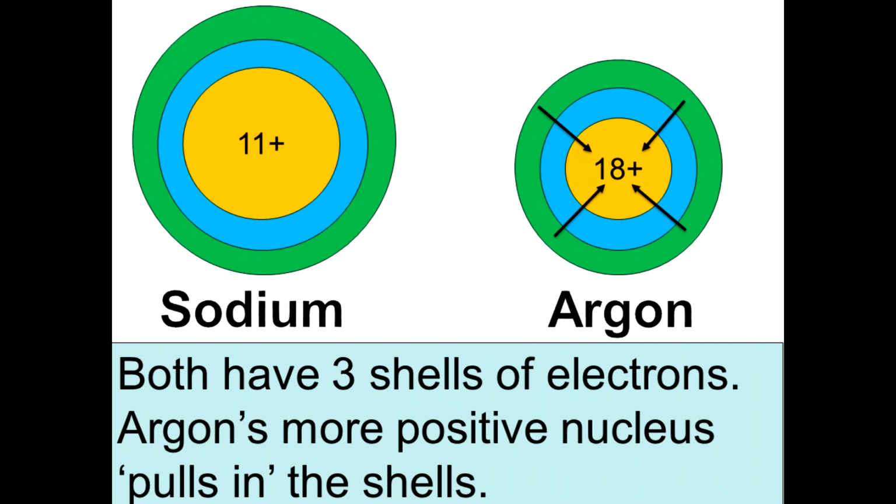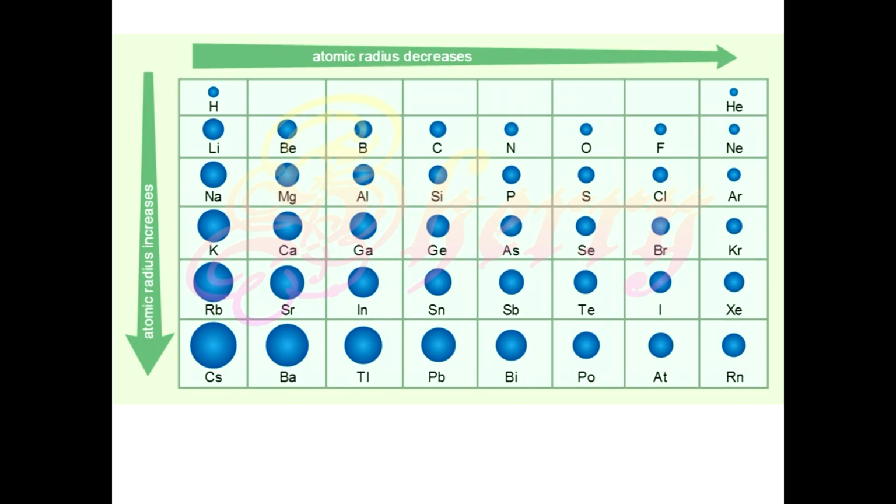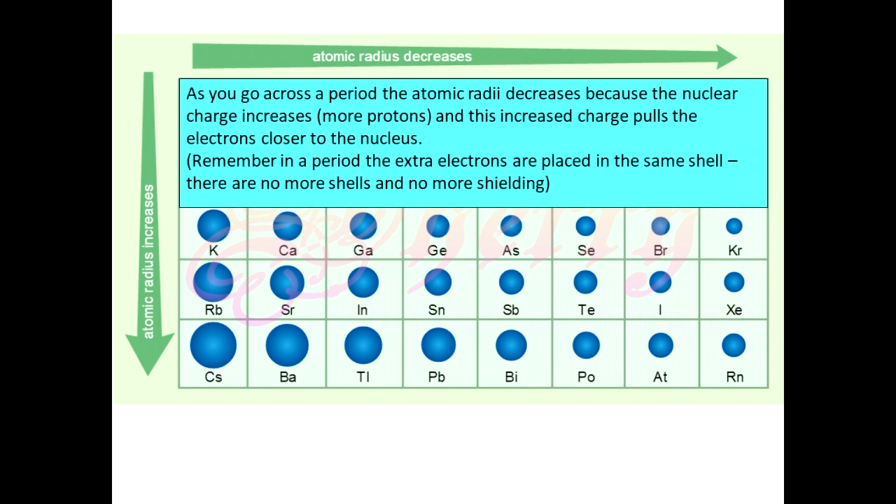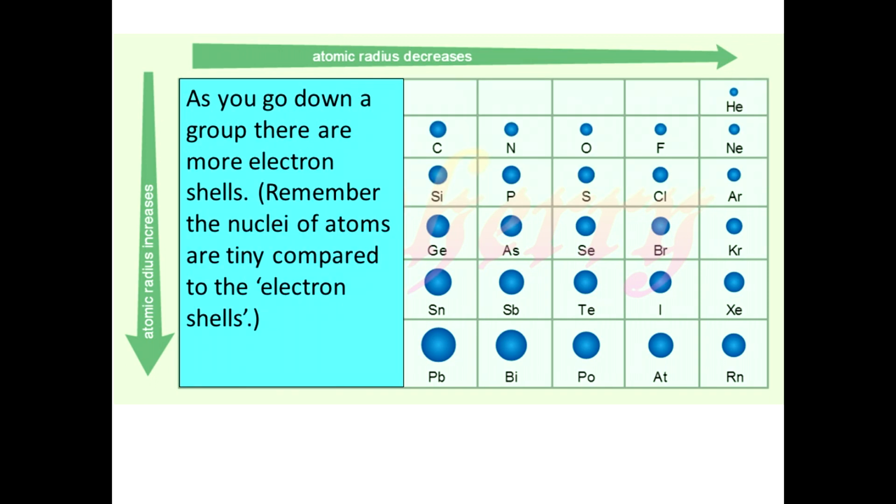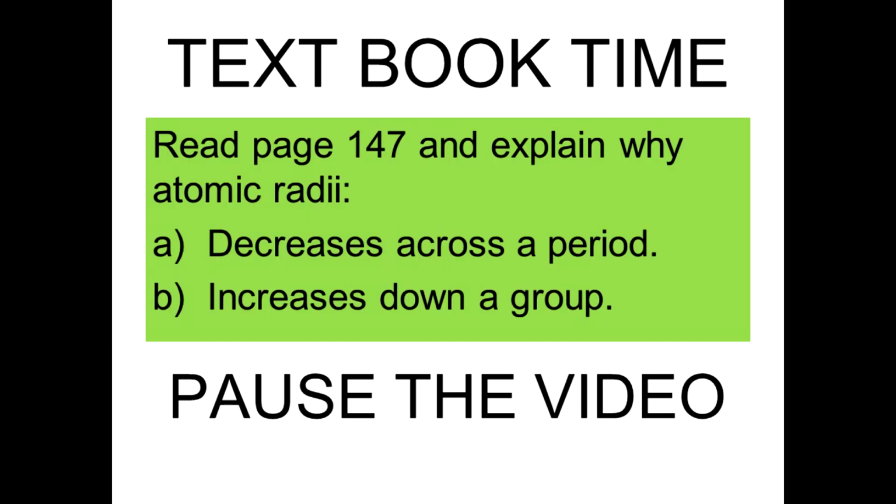The atoms therefore get smaller as you cross the period. Right, page 147. Read it and explain how the atomic radii changes across period 3, and for good measure, how it changes going down a group.